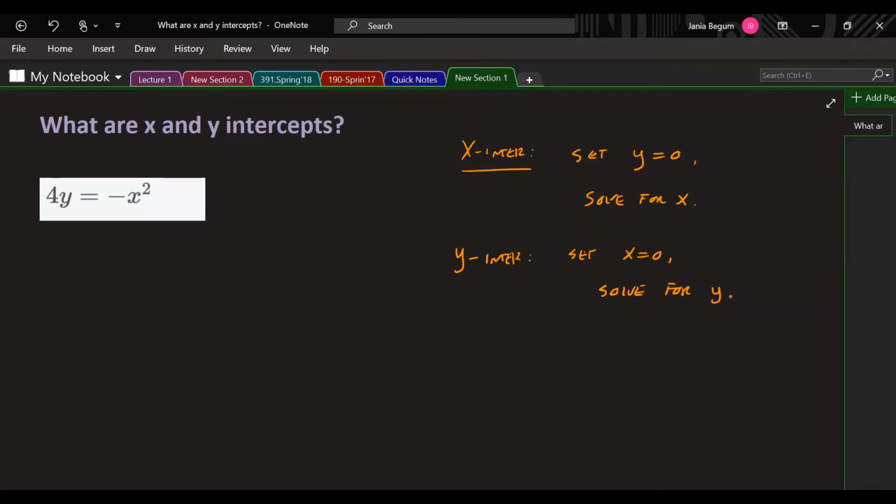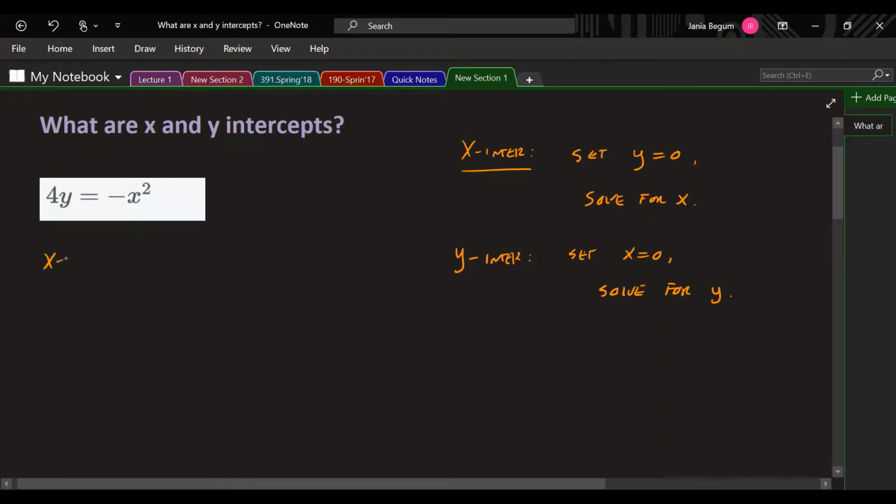So let's look at this example on the left. We want to compute the x and y intercepts. For x-intercept, we're going to set y equals to 0. So we will have the following equation to solve: 4 times 0 is equal to negative x squared. Now I can just do the computation. 4 times 0, that's 0, is equal to negative x squared.